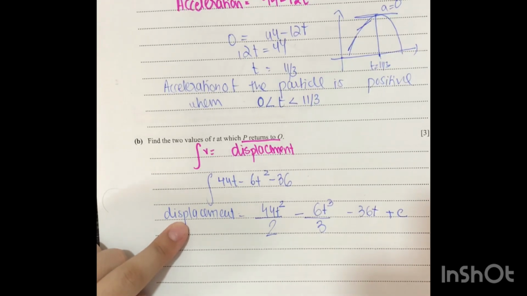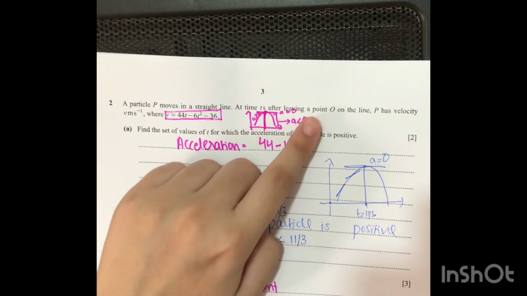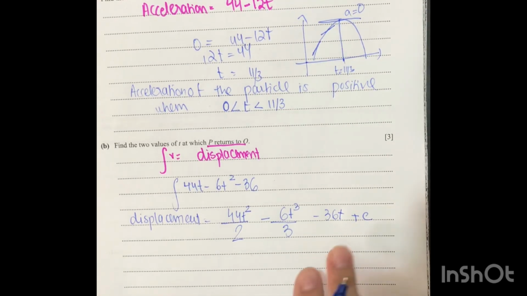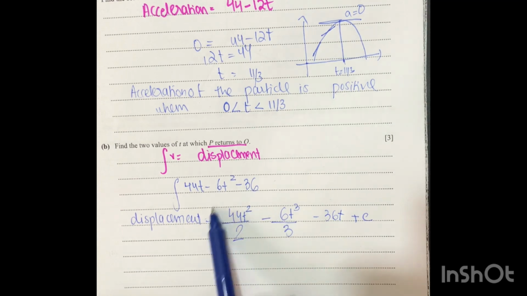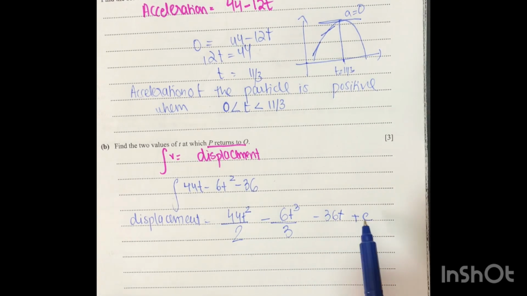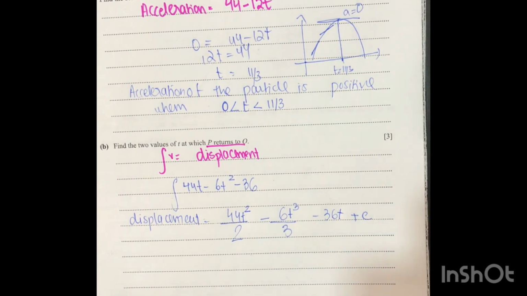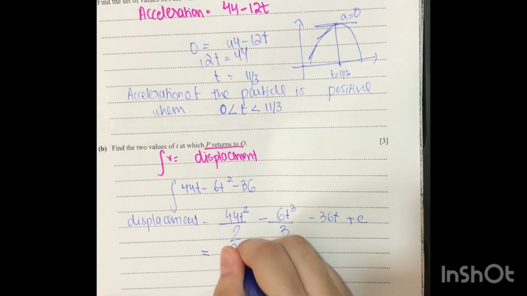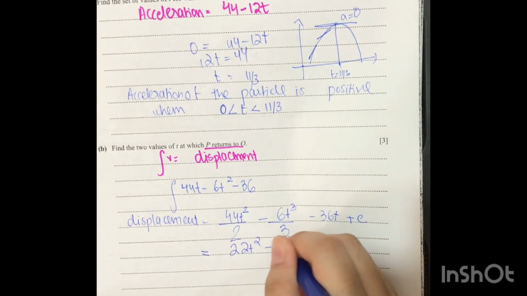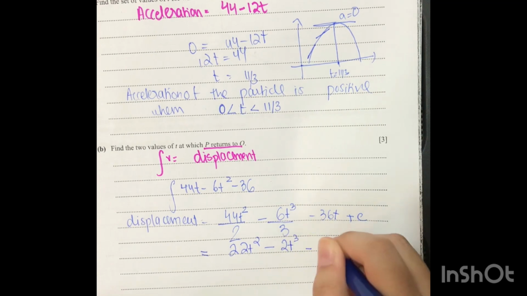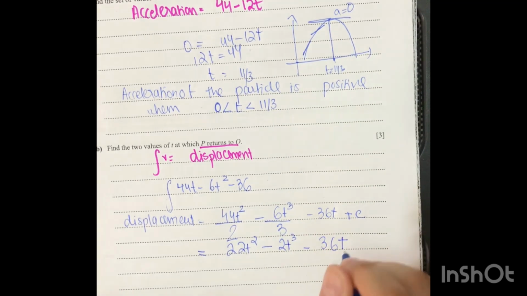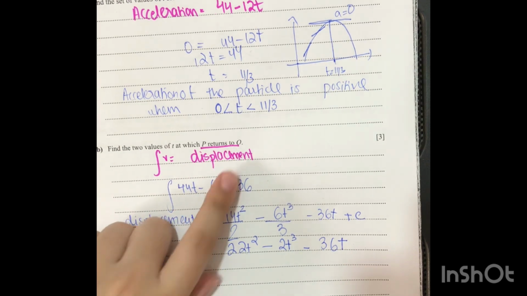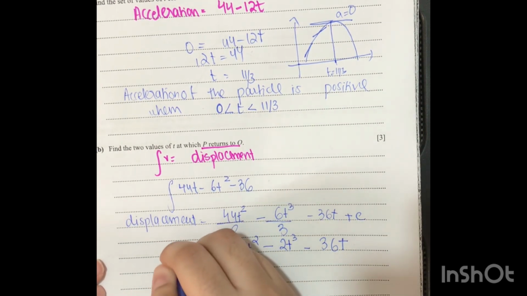We know that the point P starts from the point O, so whenever t is equal to 0, these terms will become 0. That means the unknown constant is also 0. So this will become 22t squared minus 2t cubed minus 36t. Now we have to find out when P returns to O, so we will equate displacement to 0.